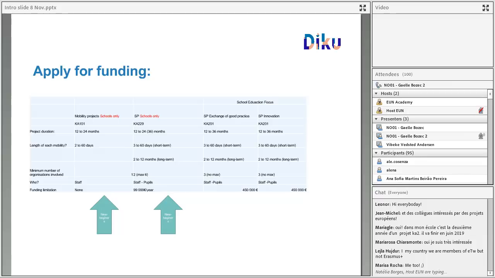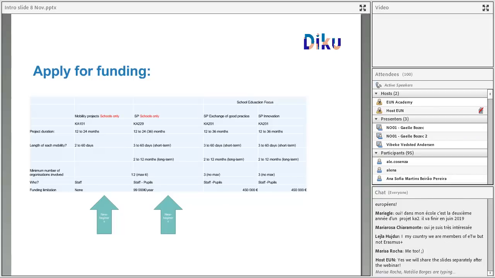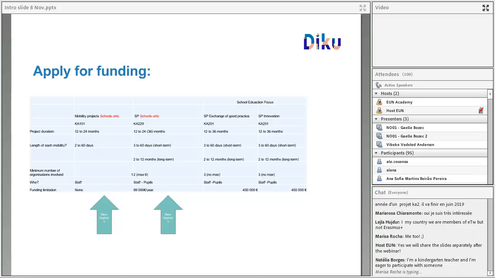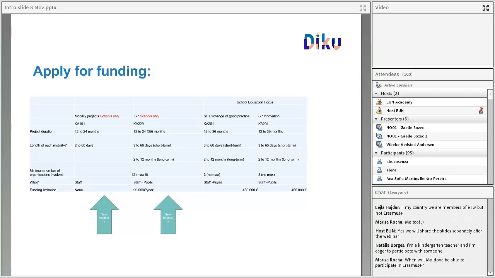If you're a rookie, a new beginner, you should concentrate on the first two columns of my table. That's the easiest way to get in. And if you have to choose between the first column and the second column, if you know nothing about Erasmus Plus, I would start with the first one.